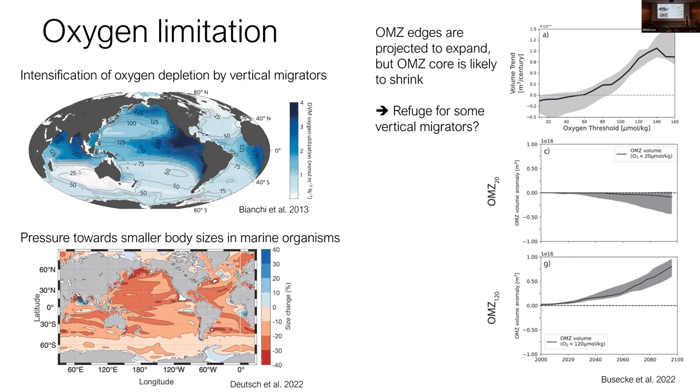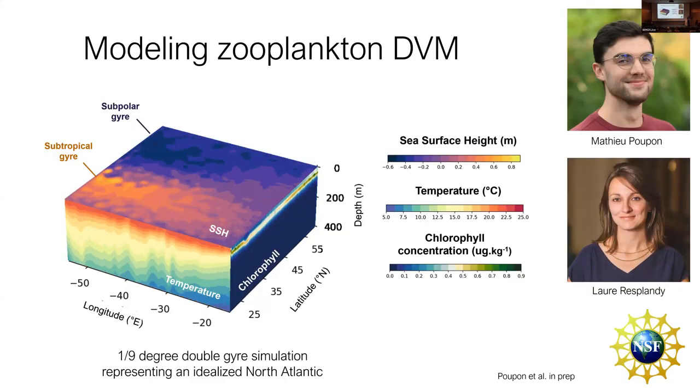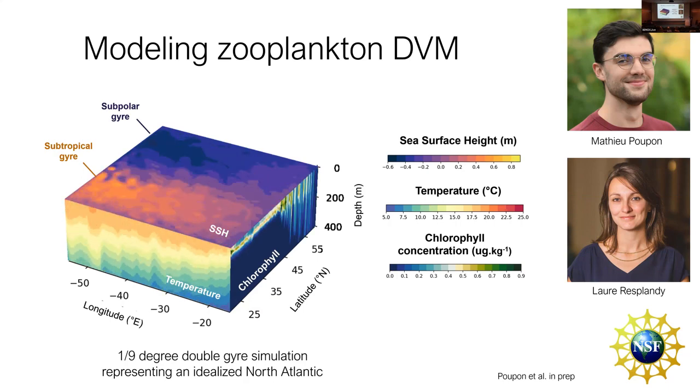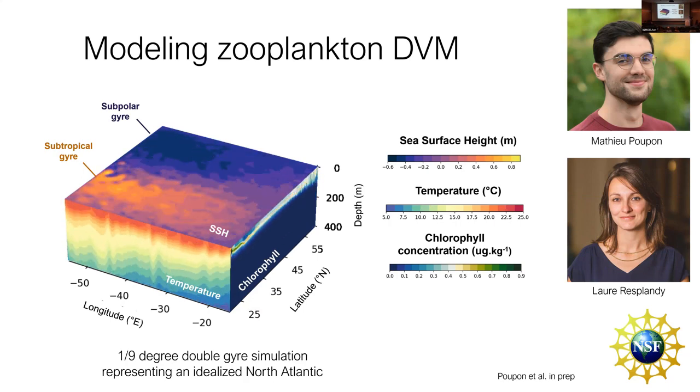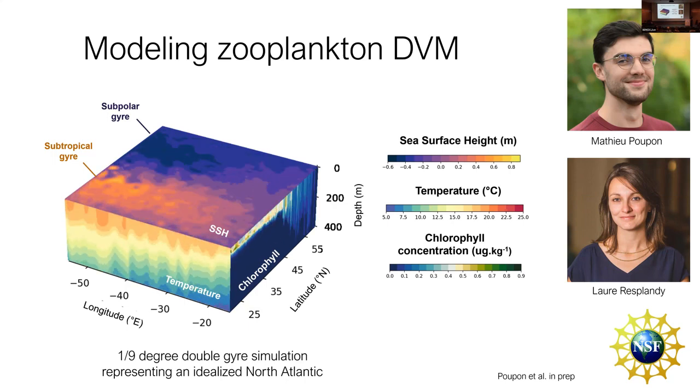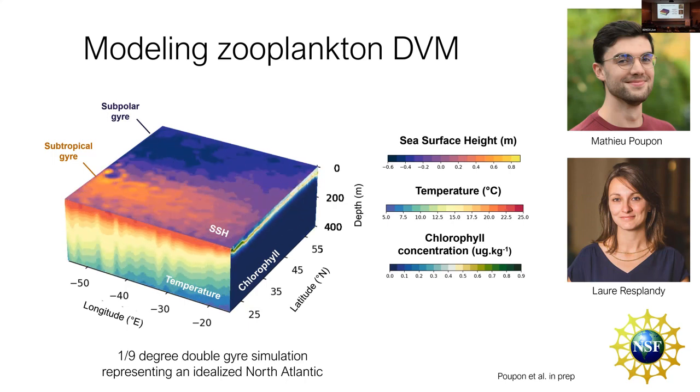So, all right, those are the last of my drivers, and then moving on to the second part. You guys are all ready. So Matthias showed a preview of this, but this is work that we started a couple years ago that's funded by NSF, where we are modeling zooplankton vertical migration in an idealized double gyre simulation.